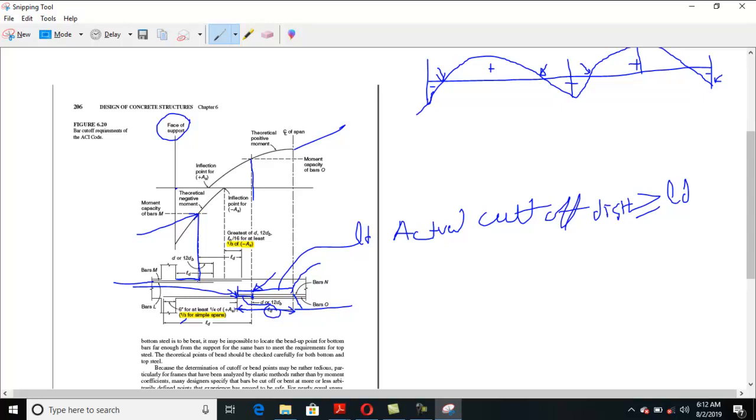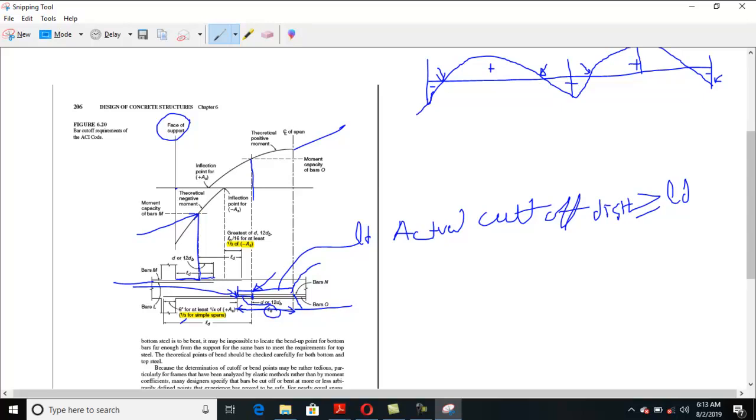Okay, so theoretically you need to cut your bar there, but practically, due to code restrictions, you can't cut the bar at the theoretical point. You need to go for the actual cutoff point. Now in the negative moment case, you go to the opposite face of the support, for a distance of d, 12 dB, or ln by 16.